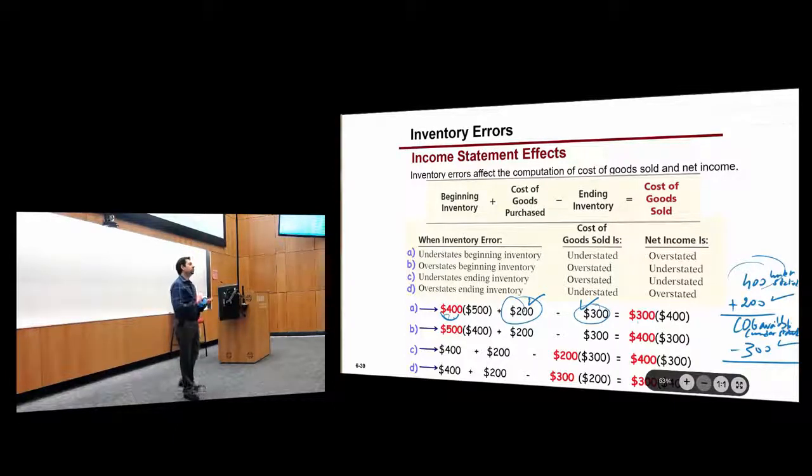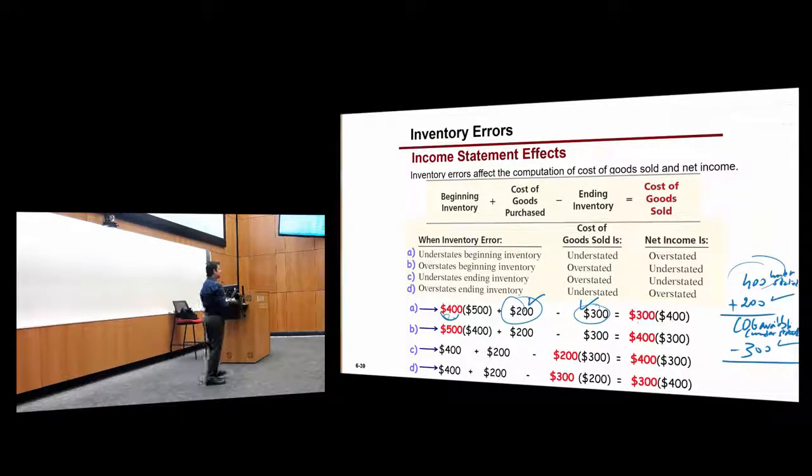To make it right, you need to add 100. I'm not saying that you will be adding that, because now we'll talk about something else. We're simply looking at the effect of inventory. So you add 100, and you do the same thing to the cost of goods sold, so it's carried over. This was understated by 100, this one was understated by 100, and the cost of goods sold will also be understated by 100.